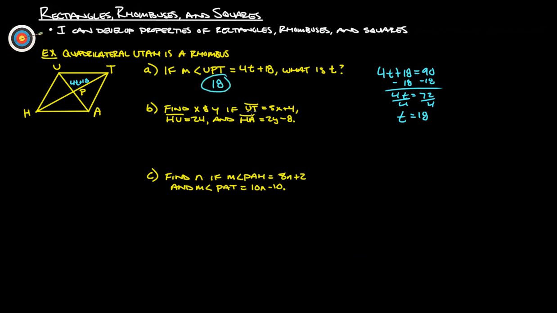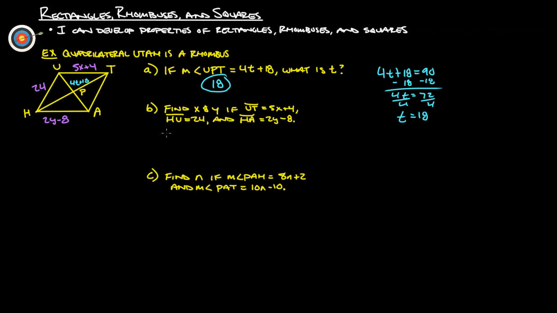Find x and y if UT is 5x plus 4, HU is 24, and HA is 2y minus 8. Since it's a rhombus, all these sides are equal, right?